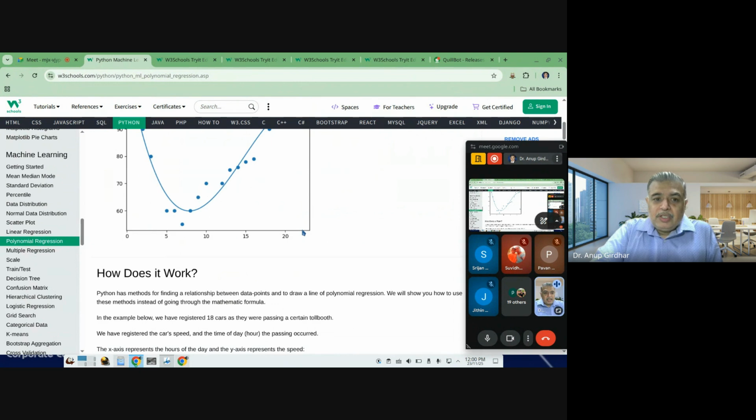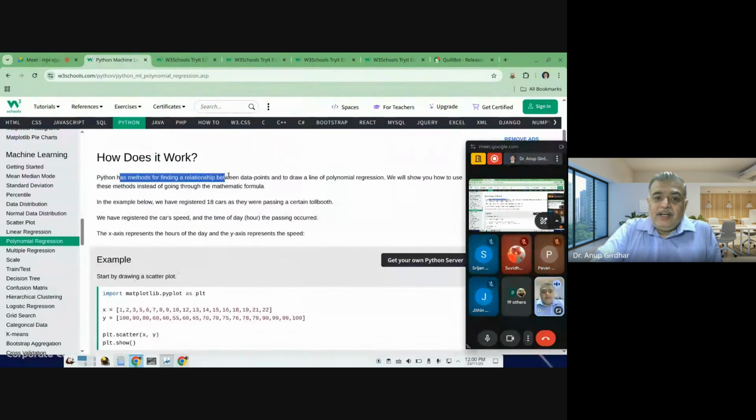So how does it work? Let's see in Python, finding a relationship between the data points with polynomial regression. It shows you these methods instead of going through the mathematical formulas. Let's say we have records of 18 cars passing through a certain toll booth.